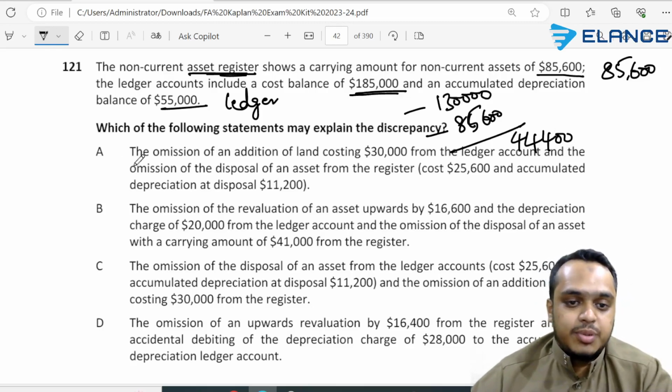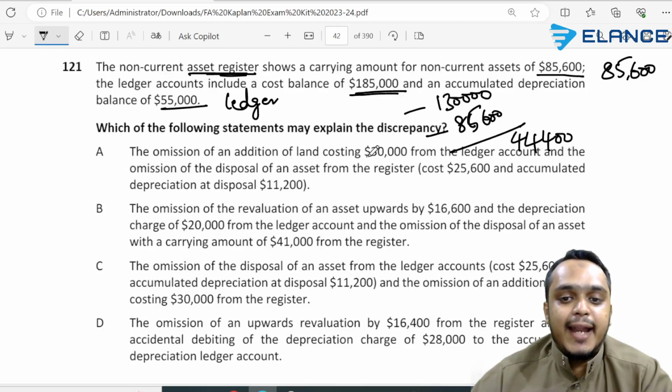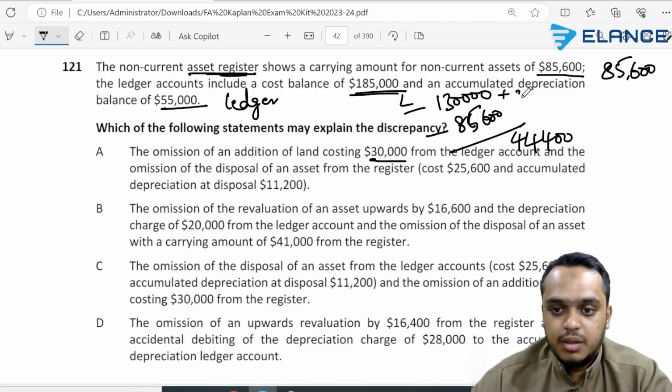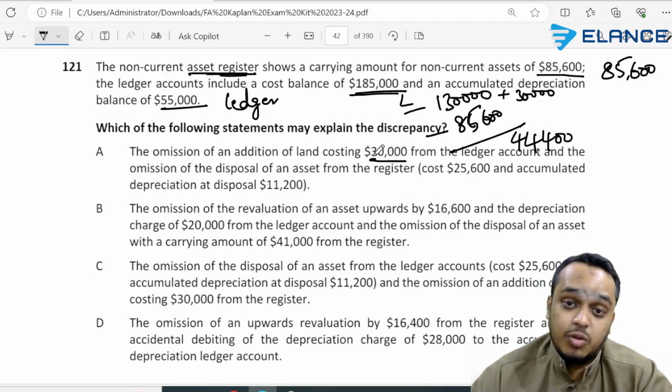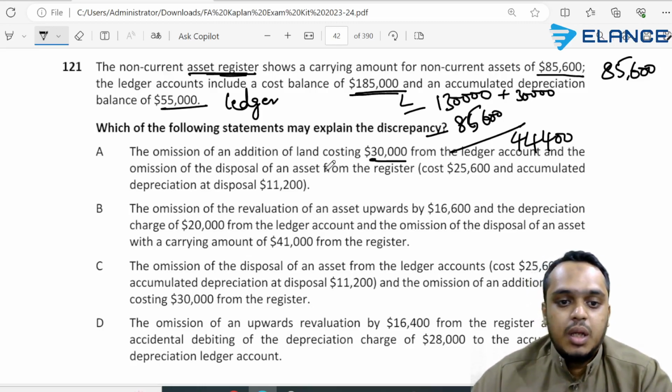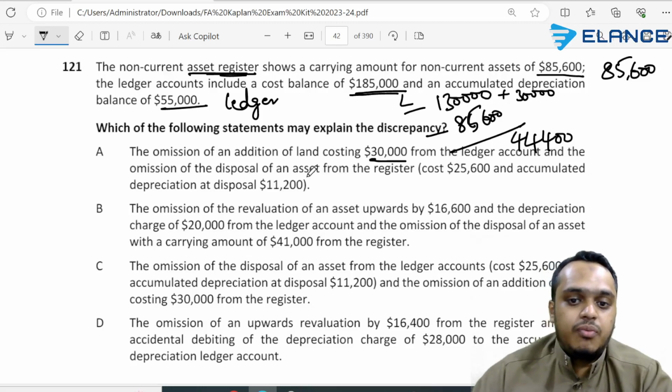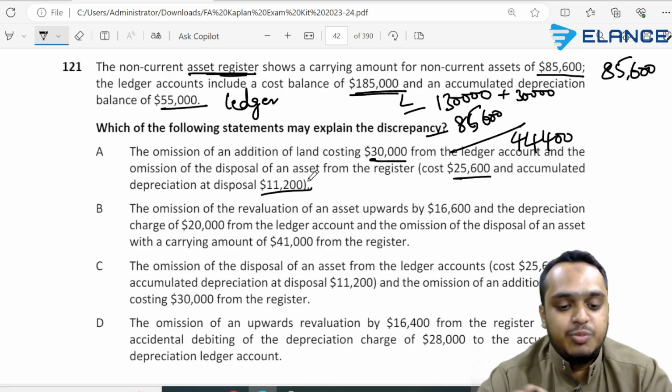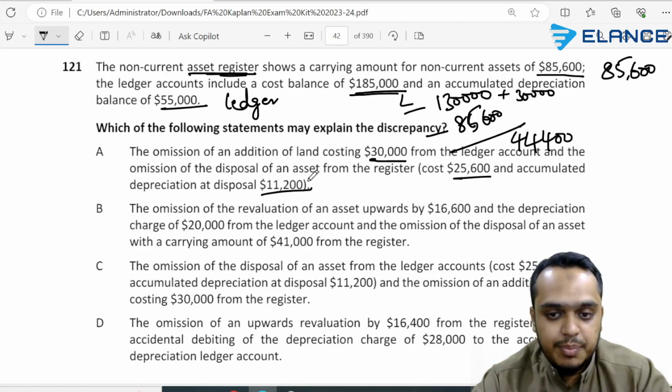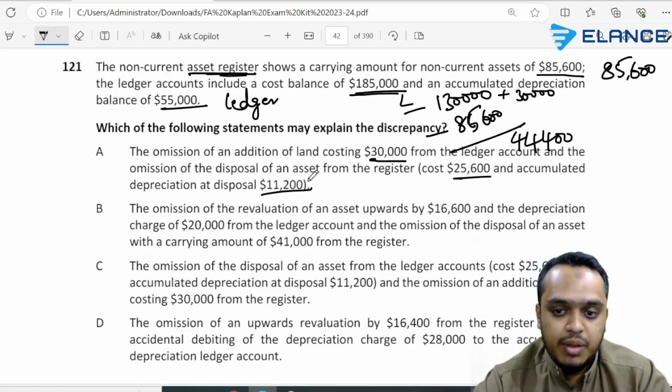Now let us see option 1. The omission of an additional land costing 30,000 from the ledger account. So this is my ledger account. What he says is that if you had omitted 30,000, let me just add 30,000 here because it was omitted. So now I'm adding back. And the omission of the disposal of an asset from the register that cost 25,600, and the accumulated depreciation at disposal was 11,200. So I'm just putting down the carrying amount, 25,600 minus 11,200.